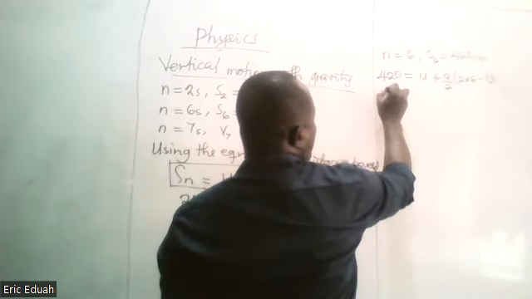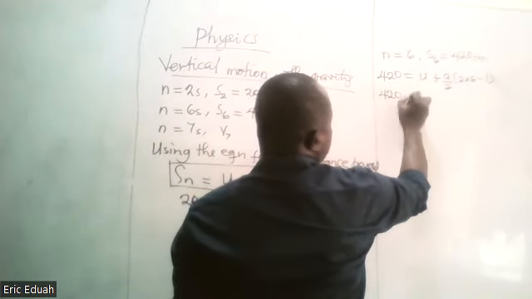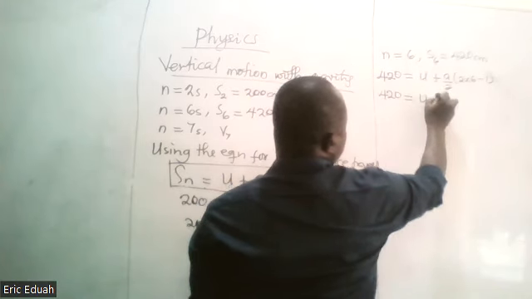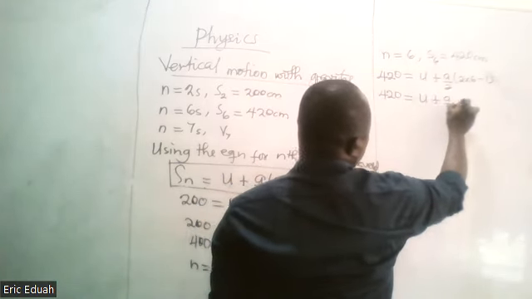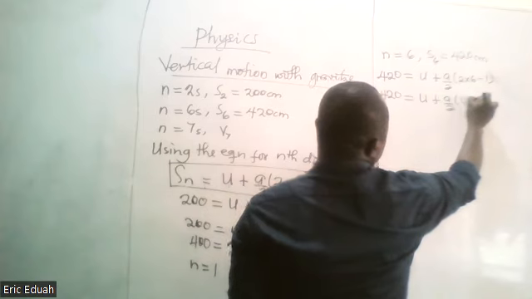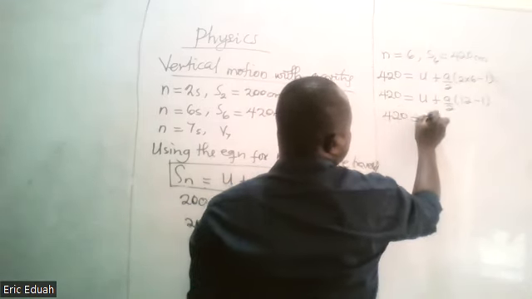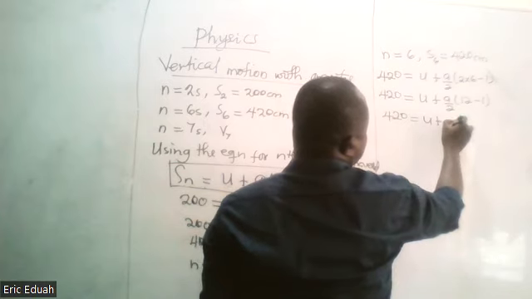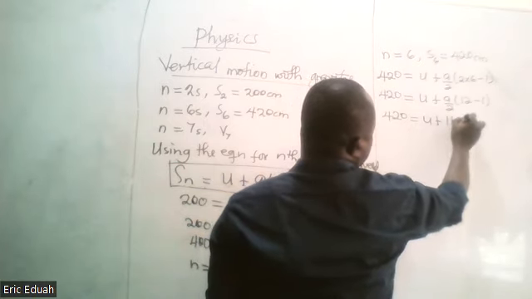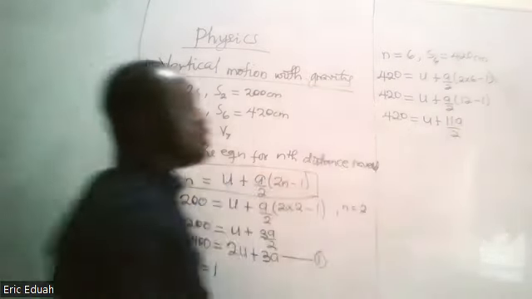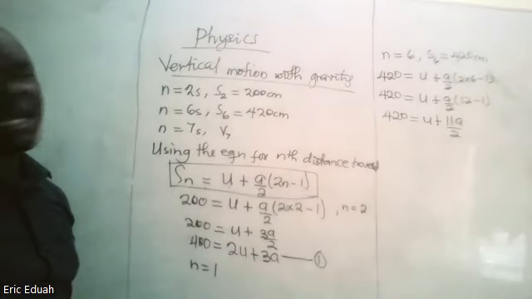And so we have 420 equals u plus a on 2 times 12 minus 1, and this is u plus 11a on 2. We multiply through by 2 to eliminate the fraction.